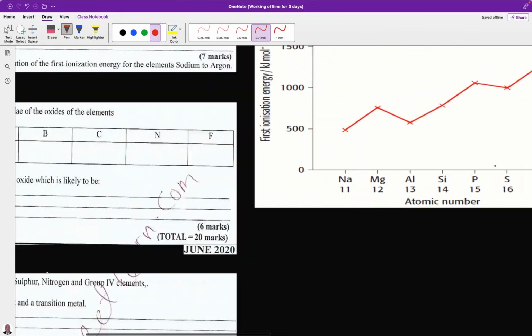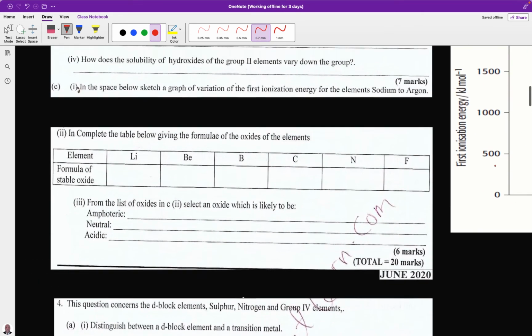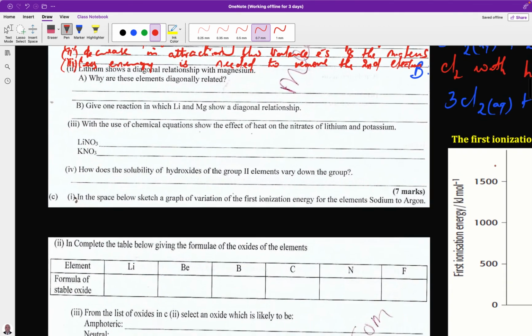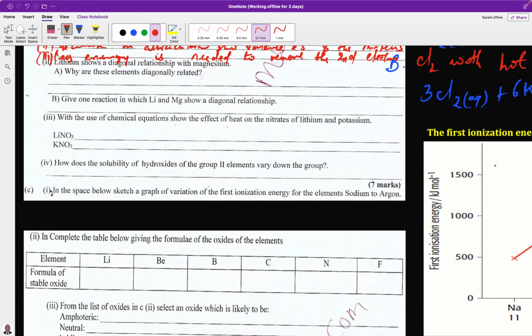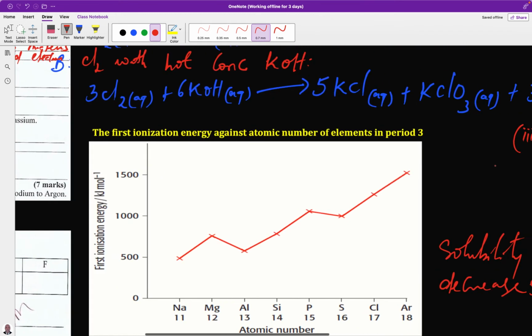It takes us to the other side, the C part of it. It says, in the space provided, sketch a graph of variation of the first ionization energy for the elements sodium to argon.